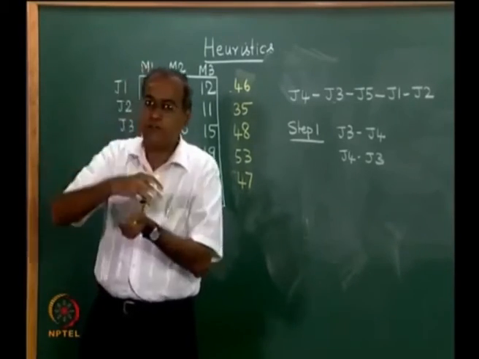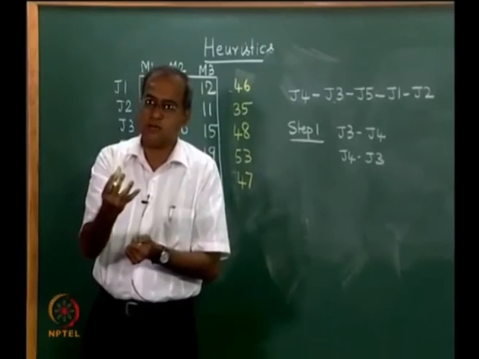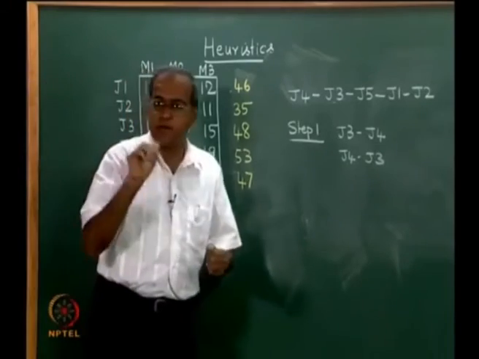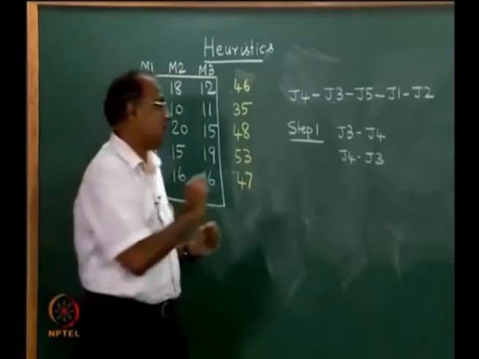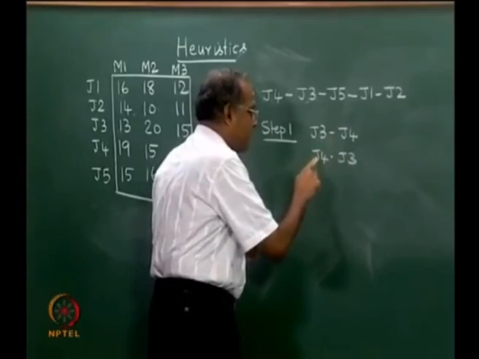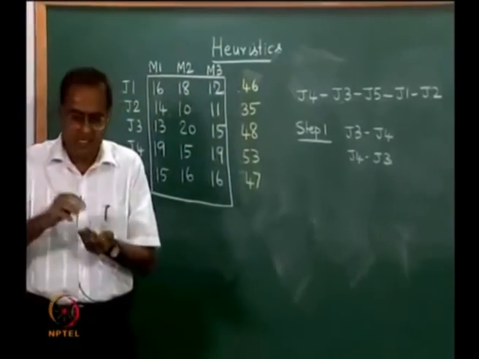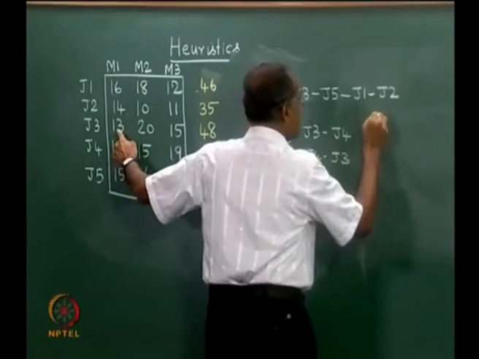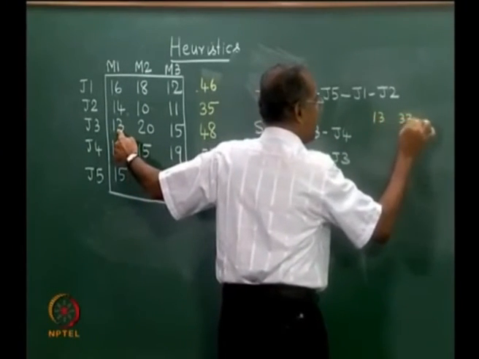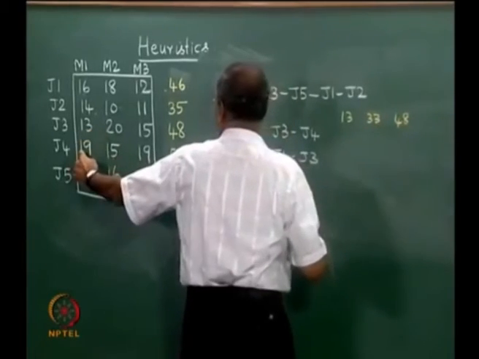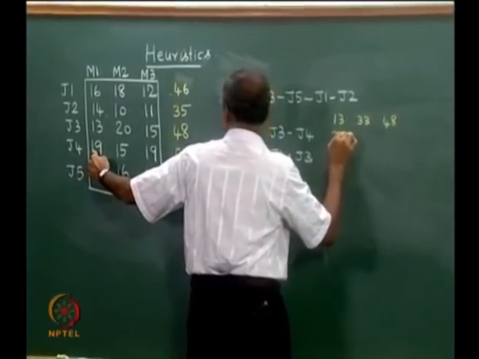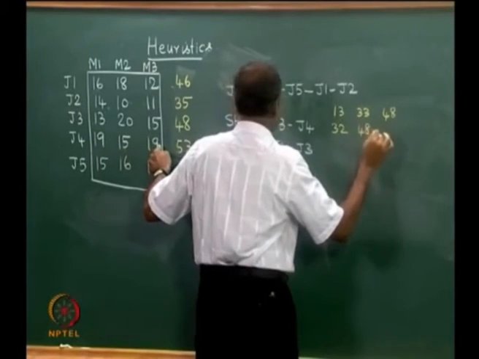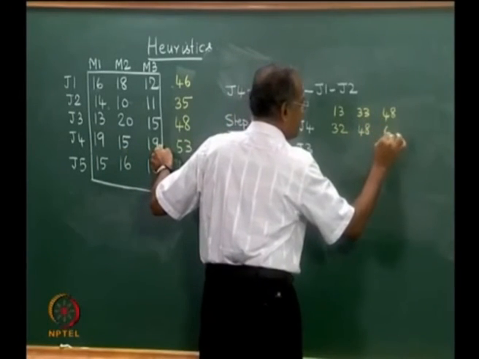So, if we take only J4 and J3, there are two jobs and they can be permuted in two ways. Now, find out the make span for the partial sequences J3 J4 and J4 J3. Let us just do that. So, for J3 J4 it will be 13, 33, 48; J4 is 13 plus 19, 32, 33 plus 15, 48, 48 plus 19, 67.